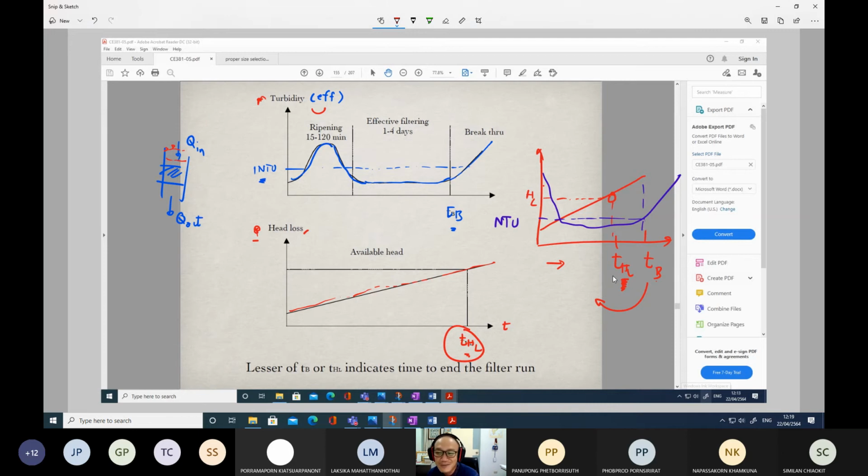It's also not a problem, but you have to keep on measuring the turbidity. Okay, so in terms of the operations, we prefer the head loss limit to be reached before the breakthrough times.